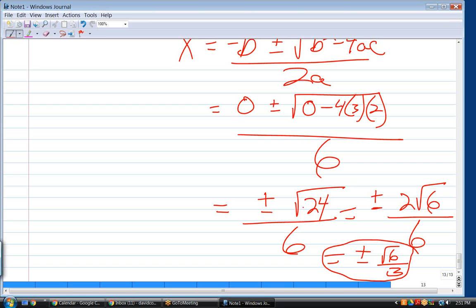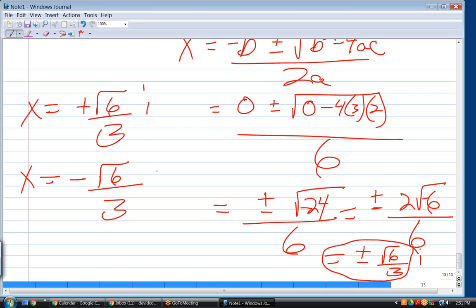Excuse me, there's a minus in there, which means there's an i. So actually, my two imaginary solutions are plus root 6 over 3 i and minus root 6 over 3 times i.